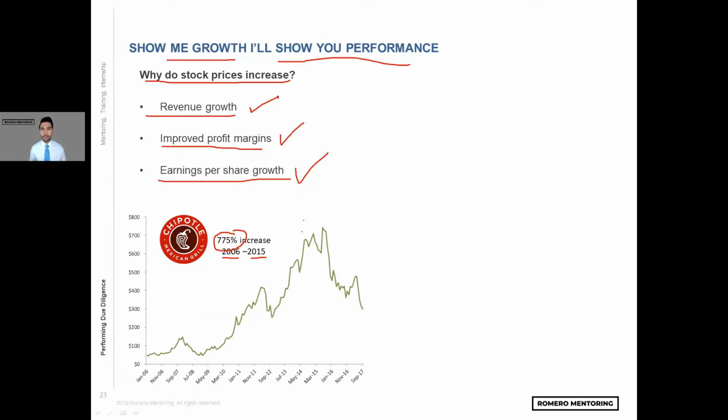What's an alternative to a Burger King? Well, it's Chipotle. In addition to that, they were opening up a lot of Chipotle stores across the country, which was essentially increasing revenue growth. Also, their profit margins were high, and their bottom line earnings per share growth was also increasing. All of these boxes were checked, and you can see the huge increase in this particular stock.